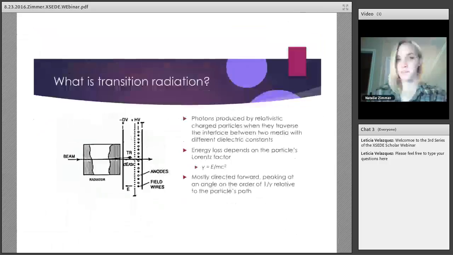You can use these arrows right here. Next slide. Okay.